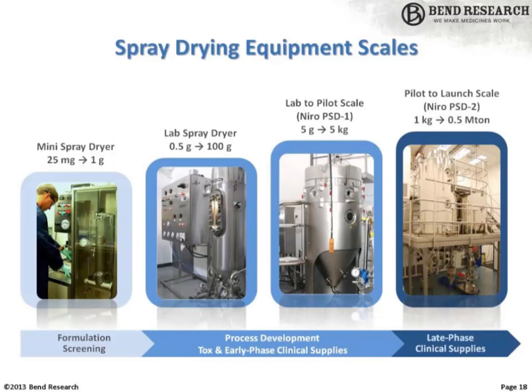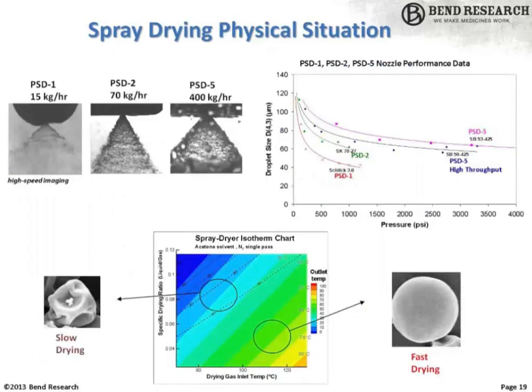formulations is an opportunity and is available. But really, as you scale up, it's important, again, being predictive, to know the physical situation that you're dealing with. And in the upper left-hand corner of slide 19, there's a spray plume for a PSD1, which shows that it's a fairly transparent plume, going on to a PSD2 and finally onto the PSD5, where it's a fairly opaque plume.